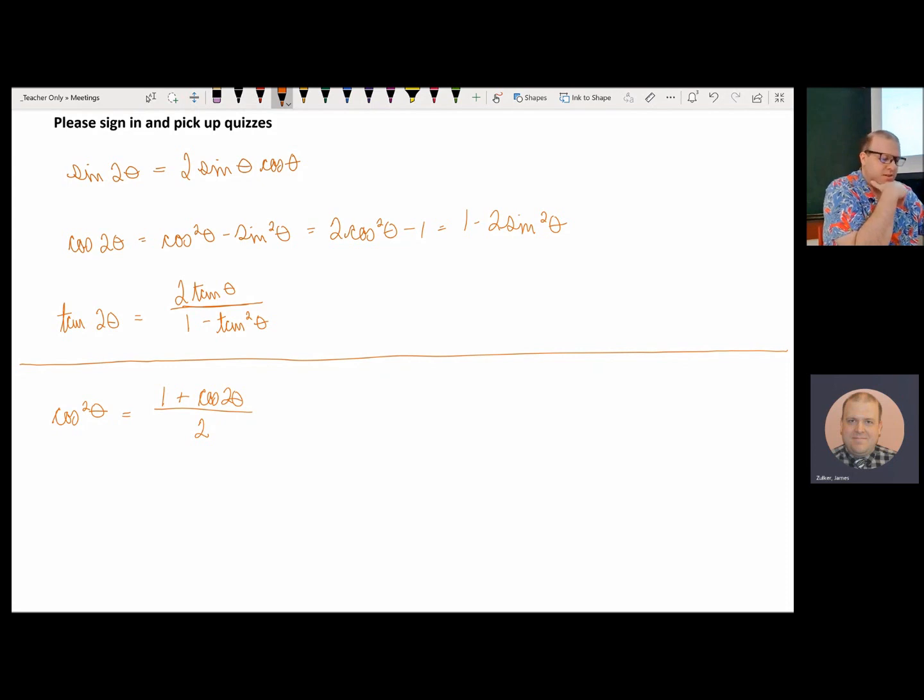Cosine squared is 1 plus cosine of 2 theta over 2. Sine squared is 1 minus cosine of 2 theta over 2.